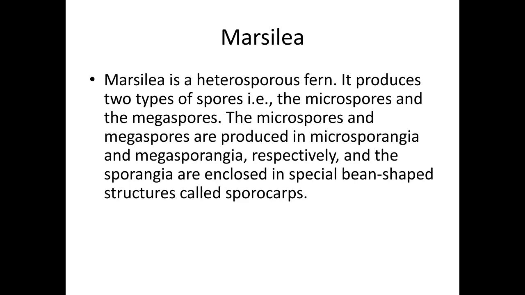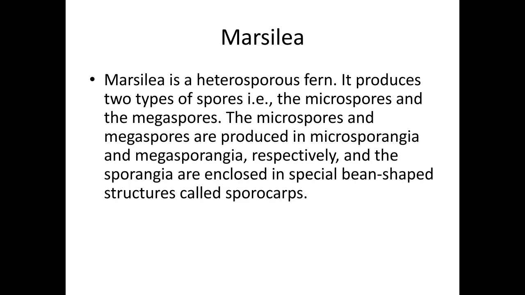The microspores are smaller in size and megaspores are bigger in size. Microspores are many in number while the megaspores are few in number. The megaspores are present at the base of the sporophyll while the microspores are present at the apical region of the structure.